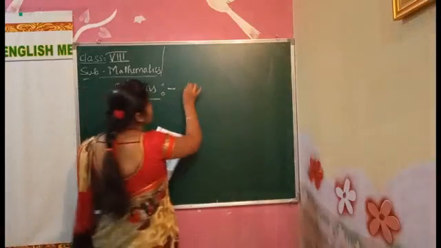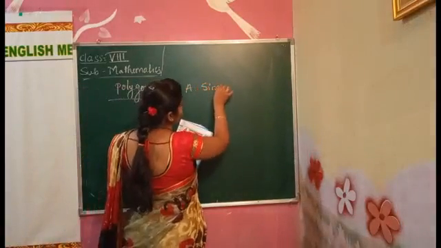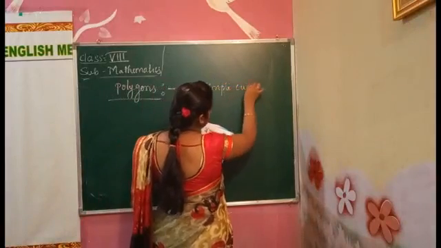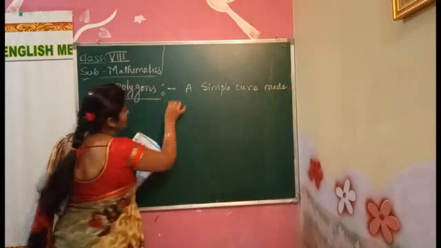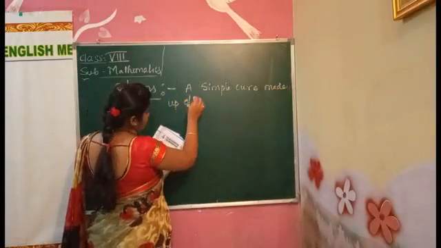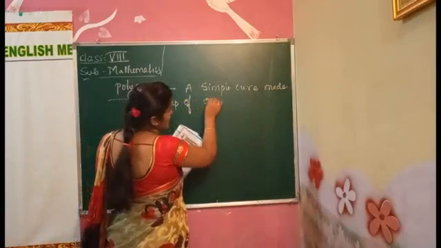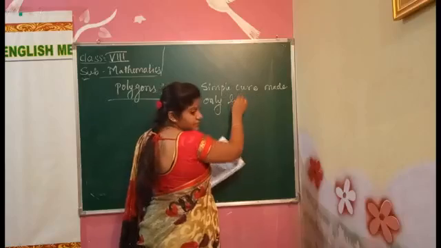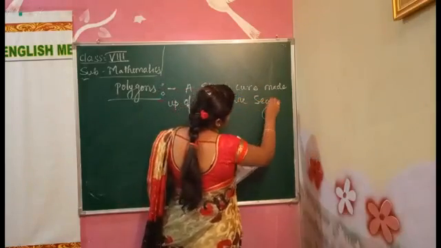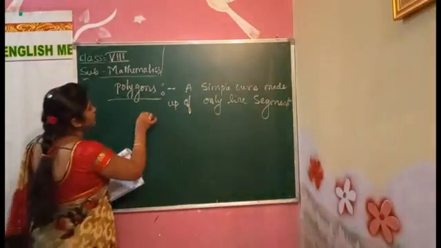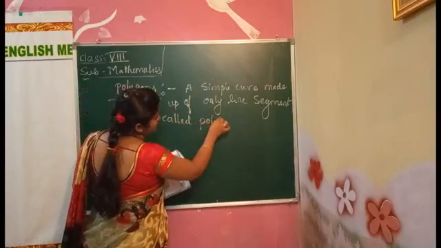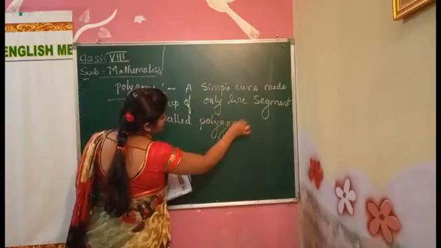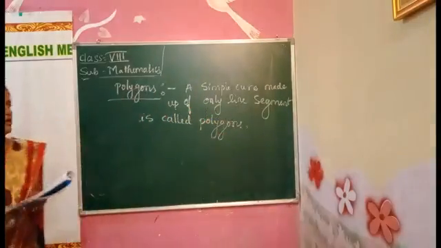A simple curve made up of only line segments is called a polygon. Is called what? Polygons. Okay.